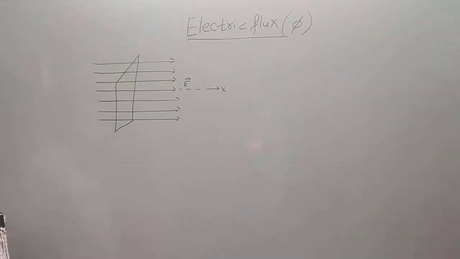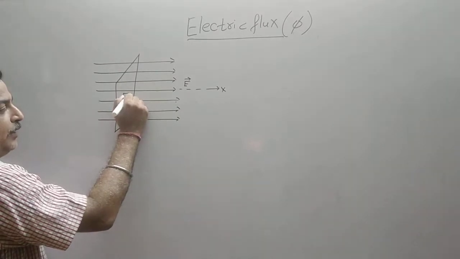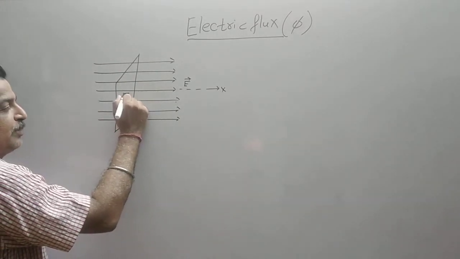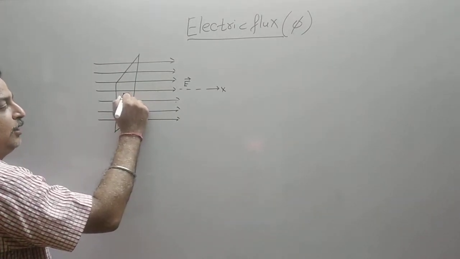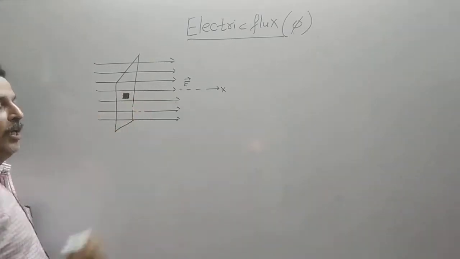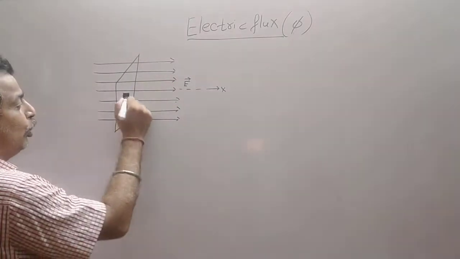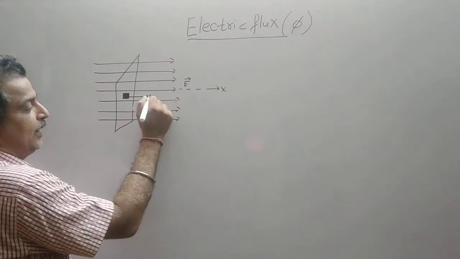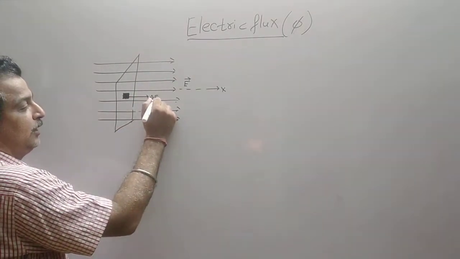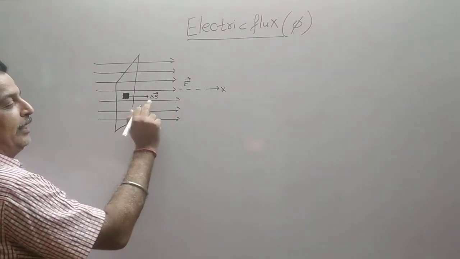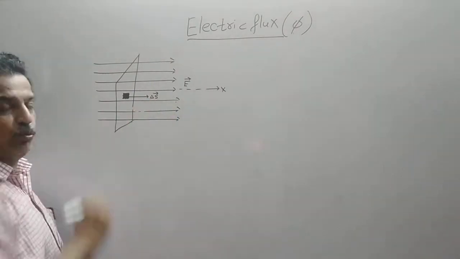This is the symbol for the electric flux. Now if I consider a small element of this plane, and normal to this area element we denote the area vector by delta S vector.